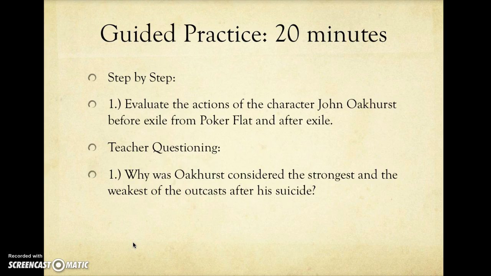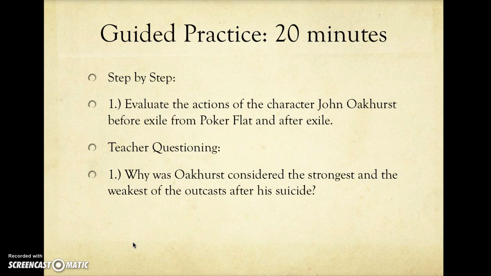We will also evaluate the actions of the main character, John Oakhurst, before the exile from Poker Flat and after the exile. What we find out is that John Oakhurst always evaluates things. He's very clever. He has heroic and brave qualities, but ultimately, as a gambler, he sees the cards are stacked against him.